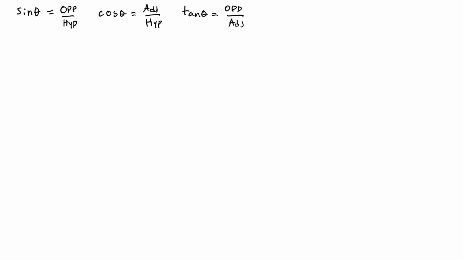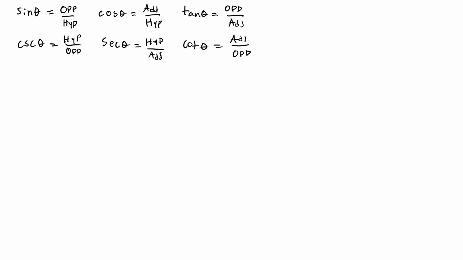Okay, and the reciprocals, right? Cosecant of theta is hypotenuse over opposite. Secant of theta is hypotenuse over adjacent. And cotangent of theta is adjacent over opposite. So again, if you don't understand this, watch the video linked in the description.